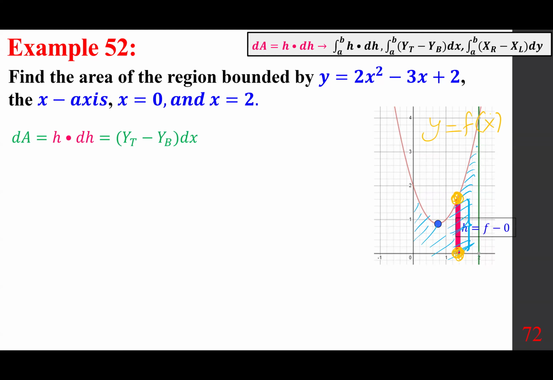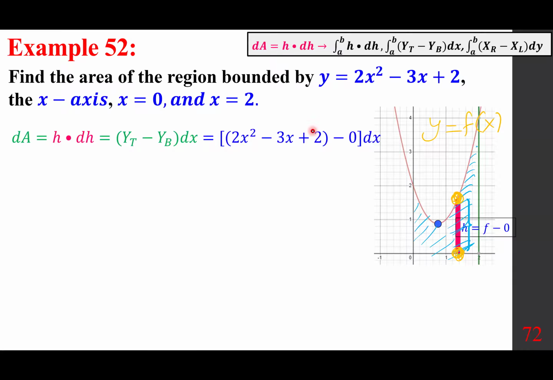So this is f minus 0, everybody. This distance is f. So this point comes from the function, this point comes from the x-axis, f minus 0. So you replace the y of the top with that, minus y of the bottom becomes basically this.